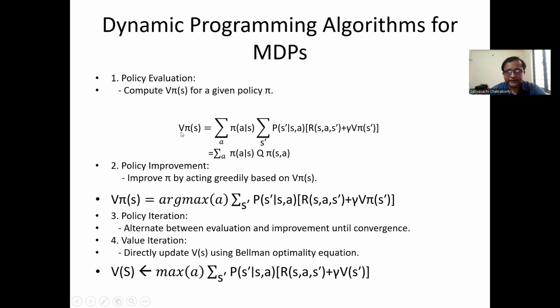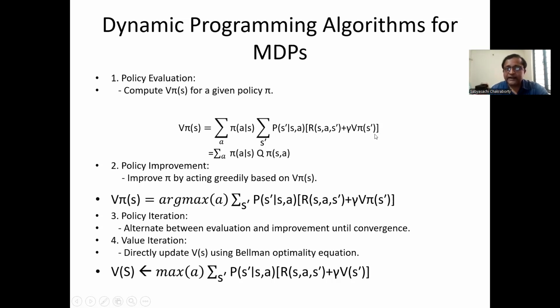The value function according to a certain policy pi is equal to the summation over all actions of the probability of the action given the current state, multiplied by the summation over all next states of the probability of the next state given the current state and the action, multiplied by the immediate reward after the transition from S to S prime, plus the discounted value function under the policy of the next state S prime.